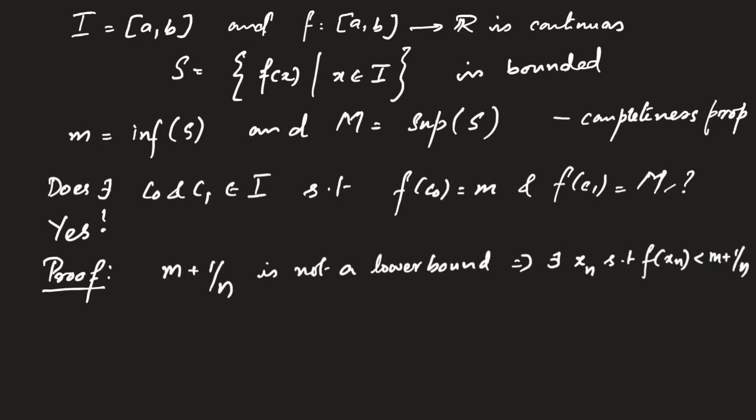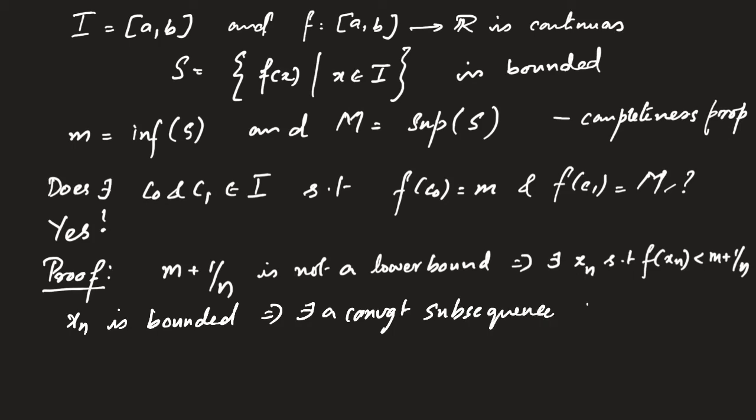So x_n belongs to I for all n, which implies that the sequence x_n is bounded, which implies that there exists a convergent subsequence x_{n_k}. Let's say it converges to x.